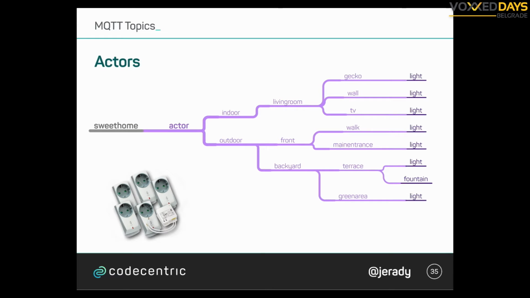And this is the actor topic structure. So I have also an actor, indoor, outdoor, living room, front, backyard, and then most of the actors are controlling some lights, some LED lights, and there's also a controller for the fountain in the garden.